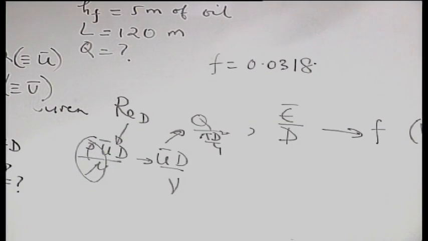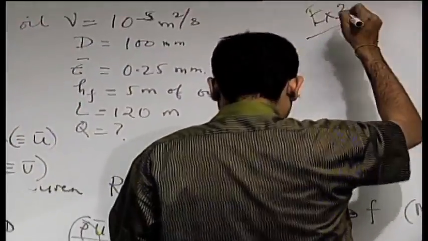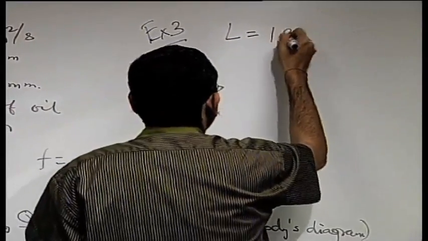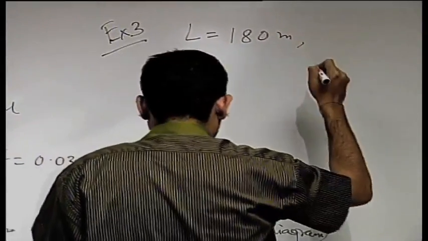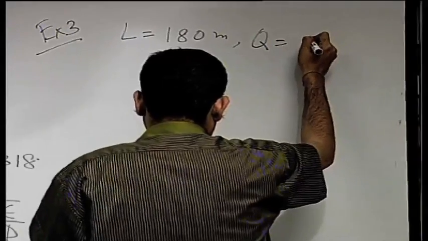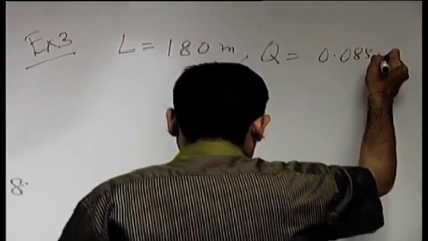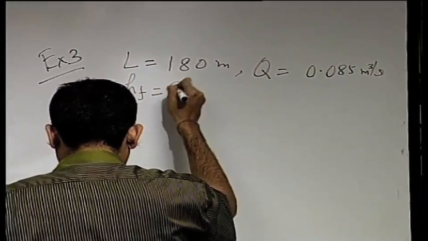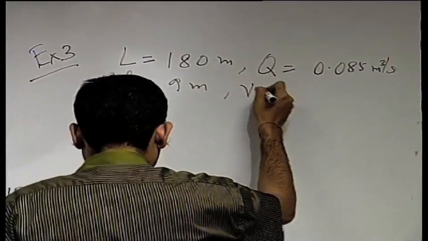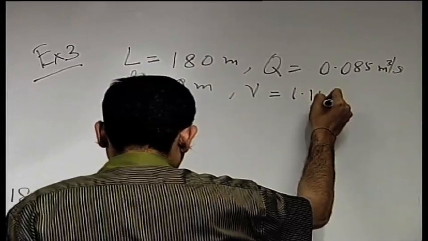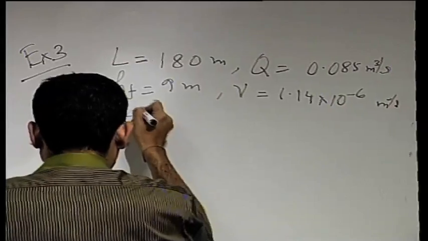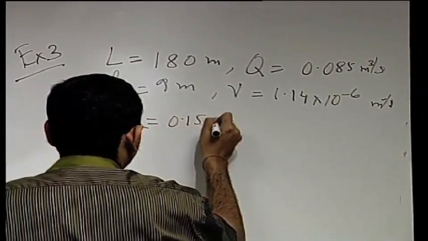Let us look into a third example of similar type. So you have the length of the pipe as 180 meter, the flow rate is 0.085 meter cube per second, the head loss is given as 9 meter, kinematic viscosity 1.14 into 10 to the power minus 6 meter square per second, epsilon average is 0.15 millimeter.